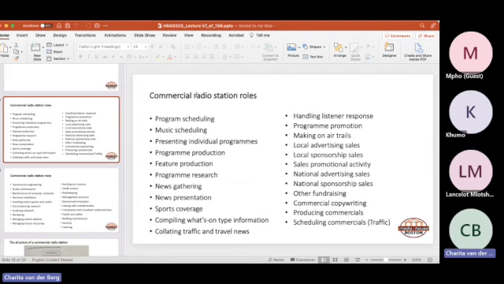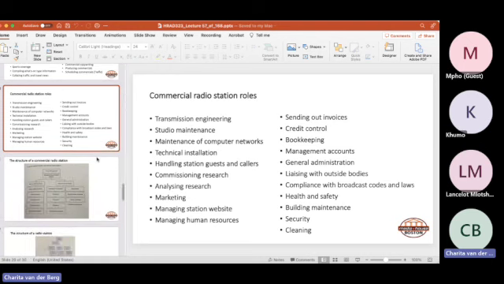We also have now managing social media, sending out invoices, credit control, bookkeeping, management accounts, general administration, liaising with outside bodies, compliance with the broadcast codes and the laws, health and safety, building maintenance, security, cleaning. Okay, so there are quite a lot of different roles that a radio station can have.